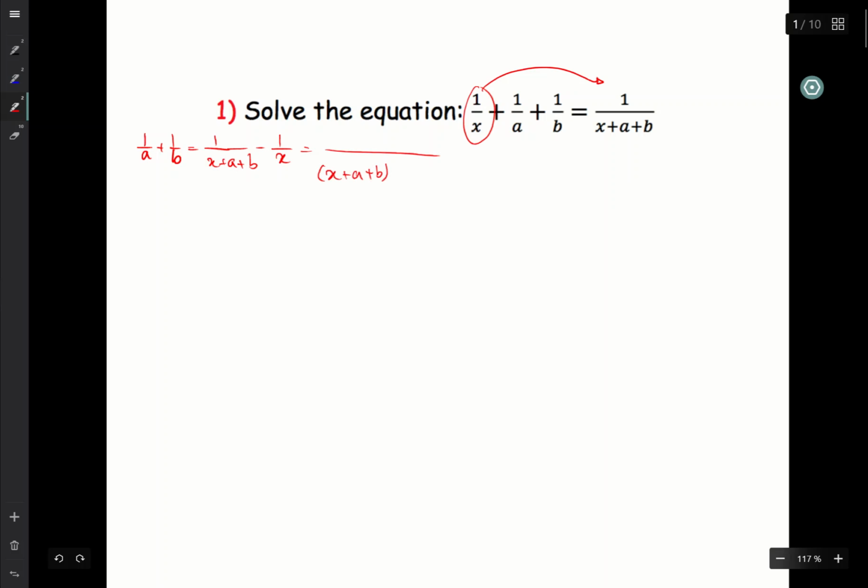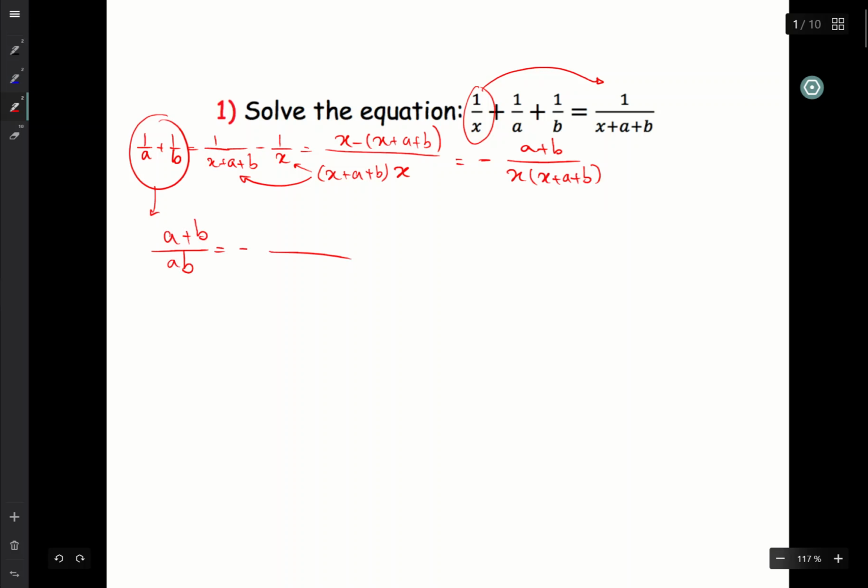On the left, a plus b over ab, and on the right, x comes up for the first one, x plus a plus b for the second one, and this becomes minus a plus b divided by x times x plus a plus b, right?